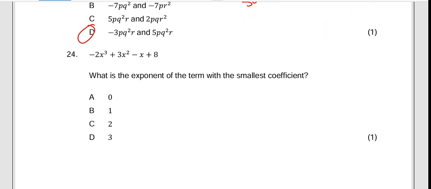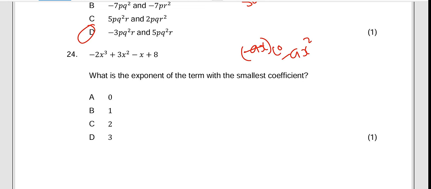Guys, this is simple question number 4. What is the exponent of the term with the smallest coefficient? Let me write down first so that we can understand these questions. Ax squared, like this.